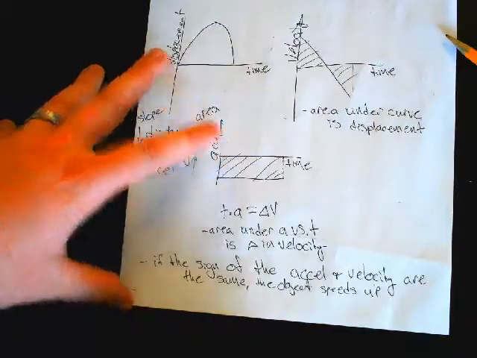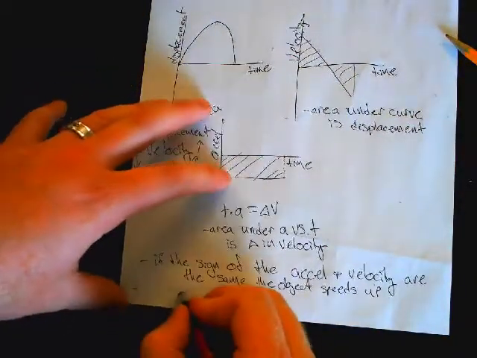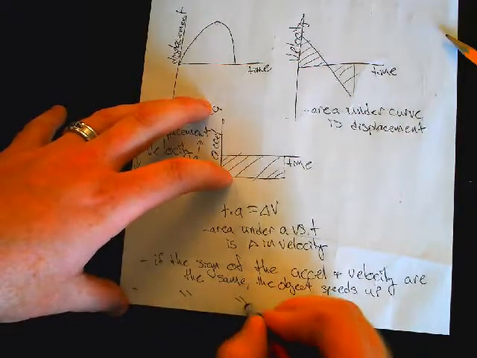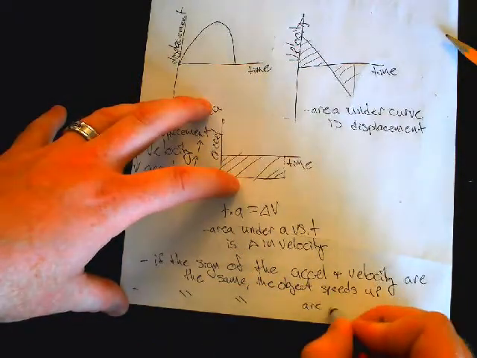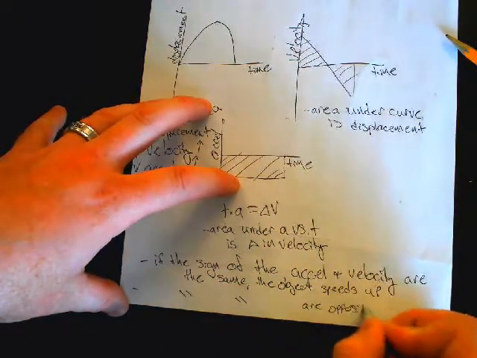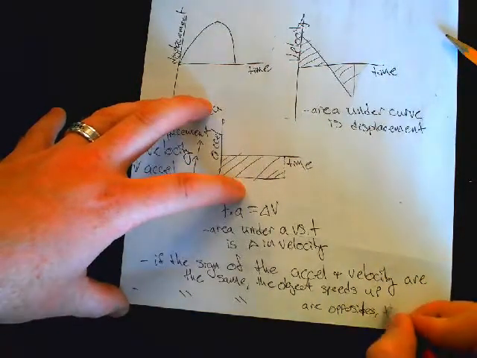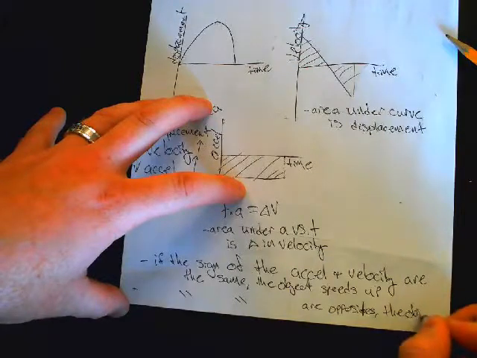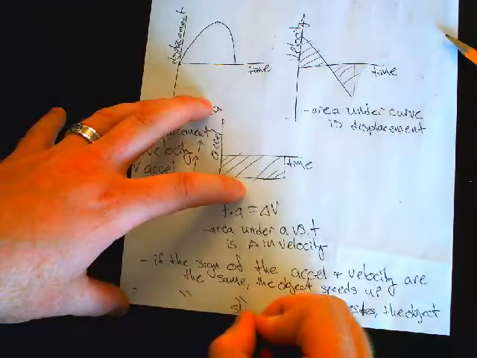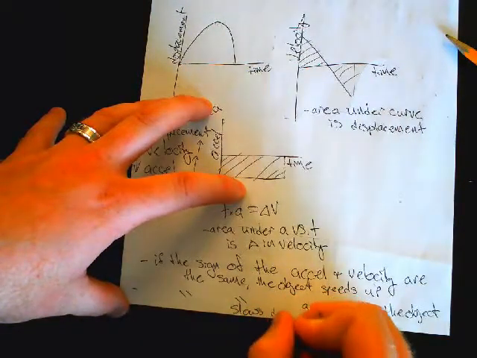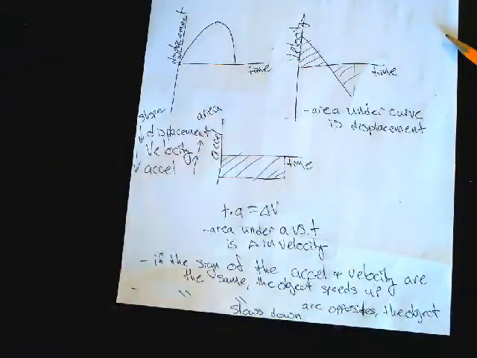If the sign of the acceleration and velocity are the opposites, the object slows down. Questions pertaining to that idea?